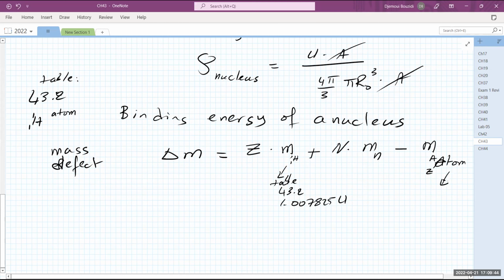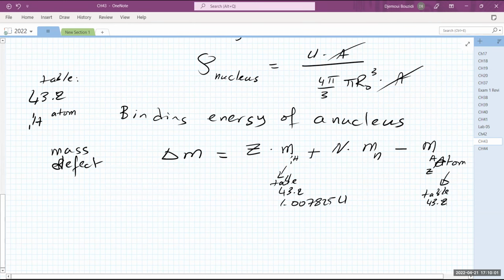I get it from the same table, 43.2. If I do this math, I will find that the difference is not exactly zero. In other words, this mass is slightly less than the sum of these constituents.